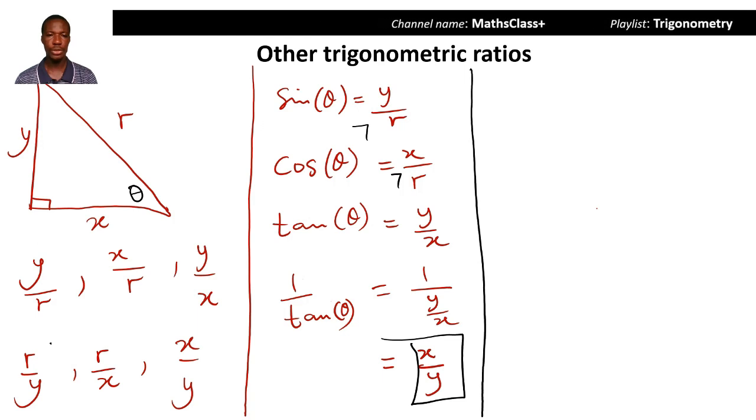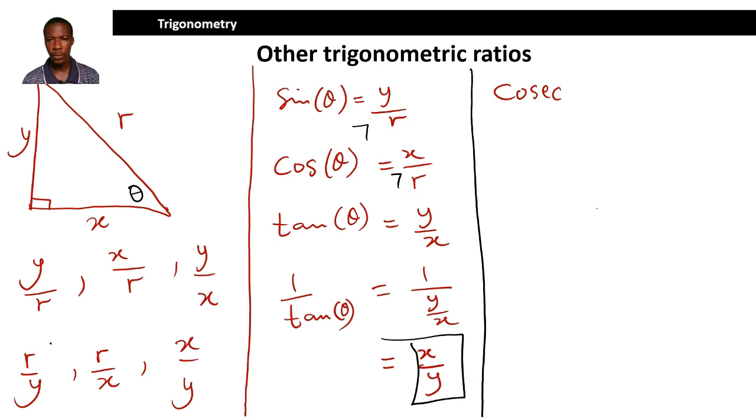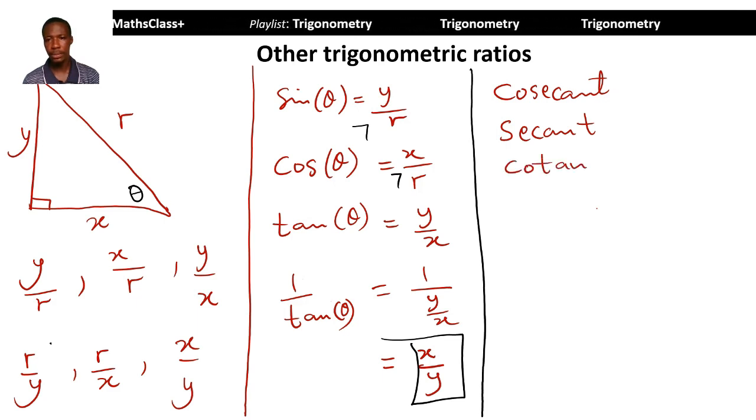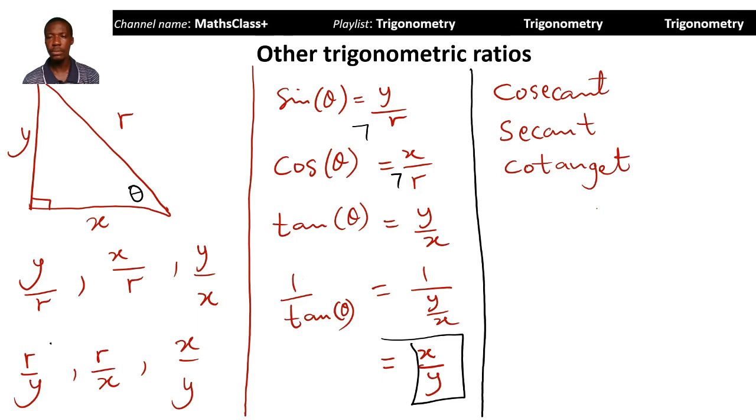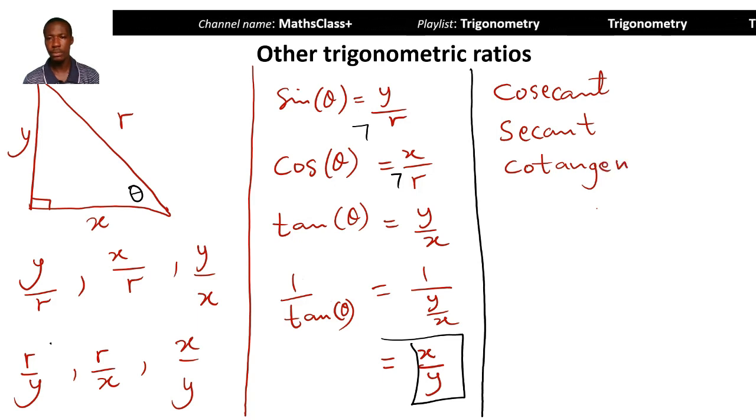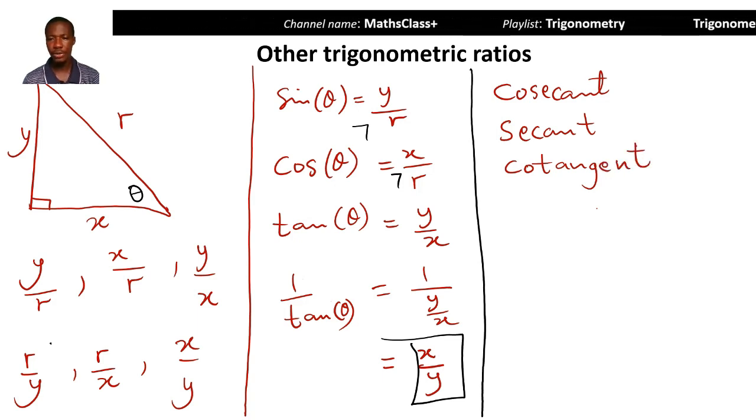The inverse trig ratios, we have cosecant, which we shorten as cosec. We have secant, and then we have cotangent. So these are the inverse trig ratios.